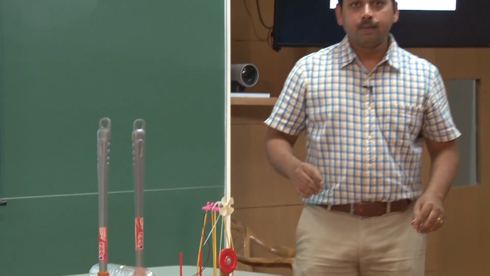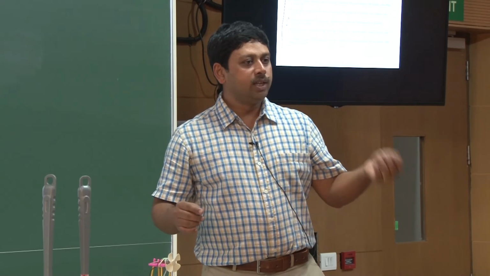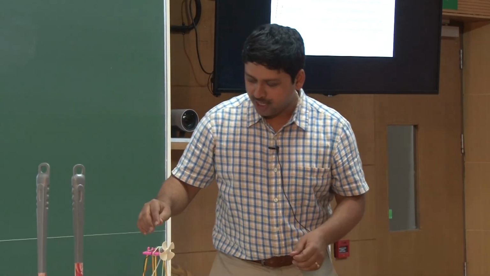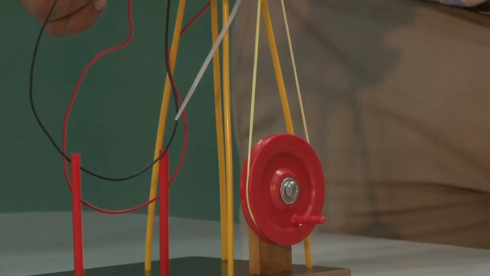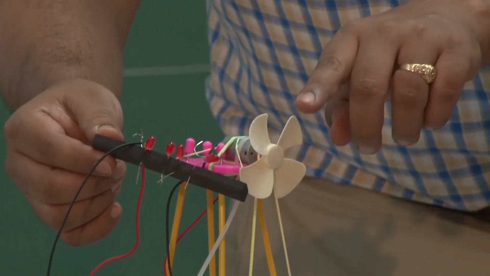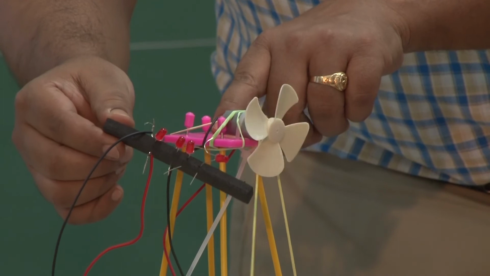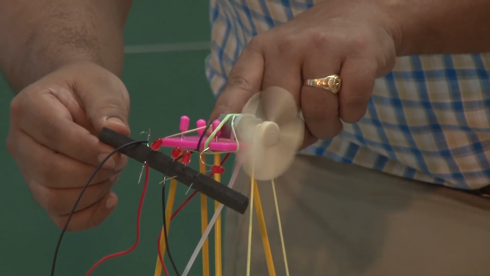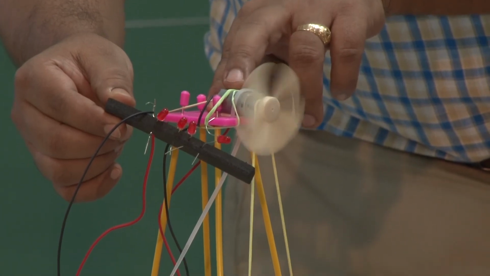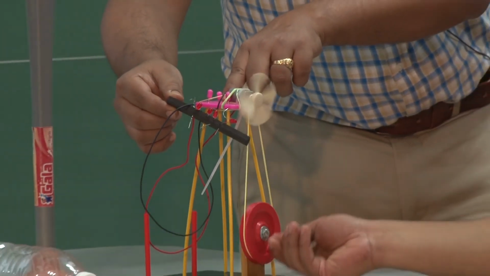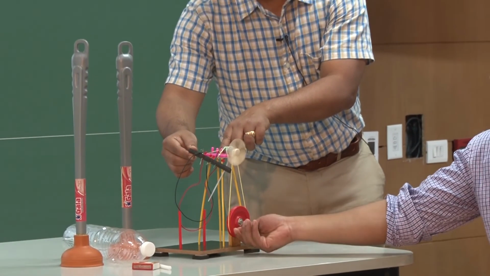Now, we cannot get wind here. So, therefore, the prototype of wind is this particular thing. You see this fan will rotate, charging this particular motor, which is now converting to electrical energy.